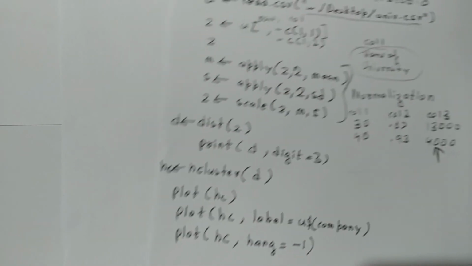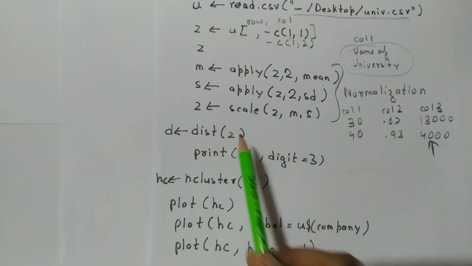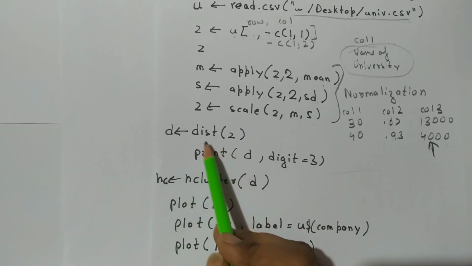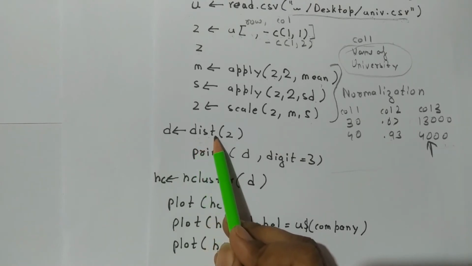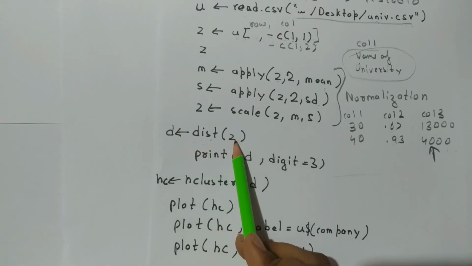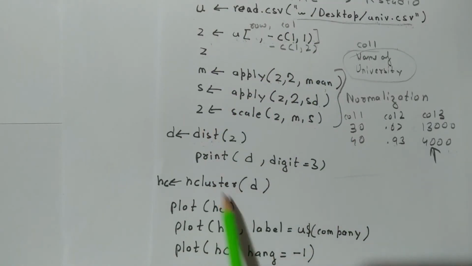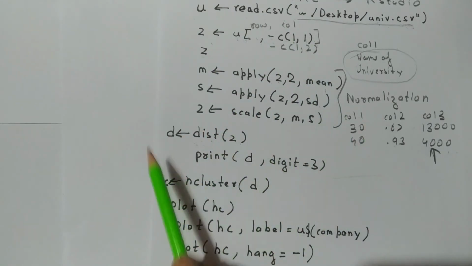Now, as we have seen in the theory of HAC, we need to find out the distance between all the points. So in R, we use the dist function to calculate the distance between all the points. So it goes like this, dist(z), where z is my data set. This will calculate the distance between all the points.